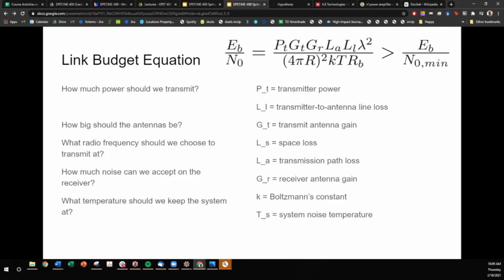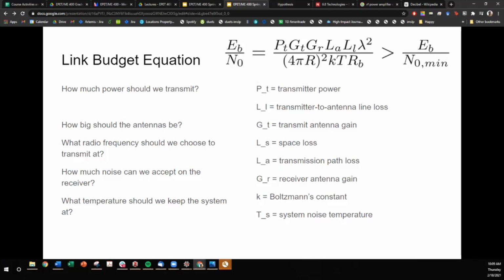And then we also have to take into consideration free space loss, which isn't explicitly labeled here, but it's lambda squared over 4 pi r squared. This is associated with the power that diminishes as you traverse space.